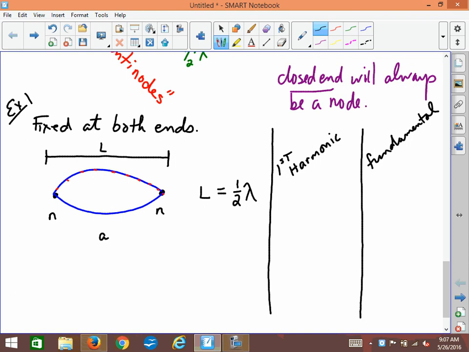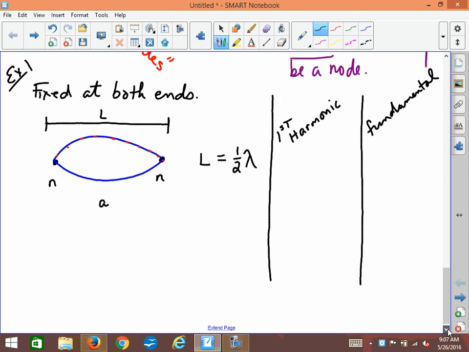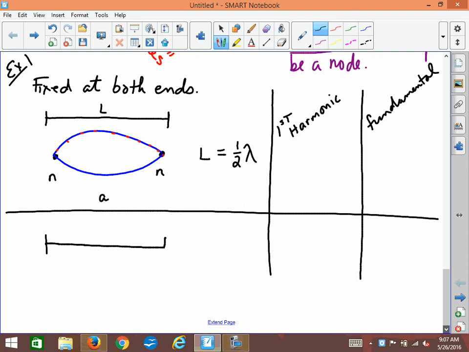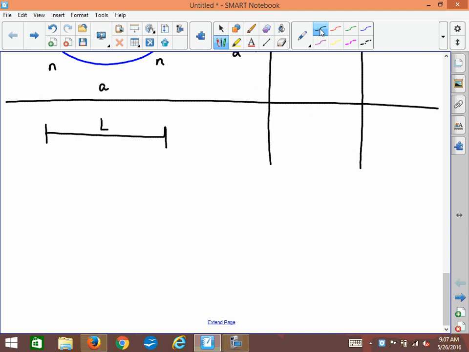Now, this is not the only pattern that you could get, and that's the cool thing about standing waves. So I'm going to draw a line here, and we're going to look at another possible pattern. If I took the very same string and vibrated it, let me draw my length of string, L, without changing it. Let me put my two nodes in there, at the two endpoints.